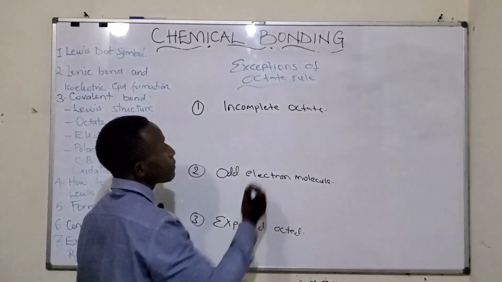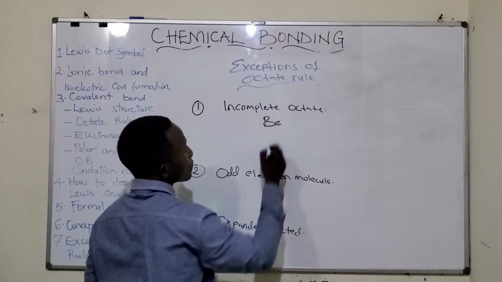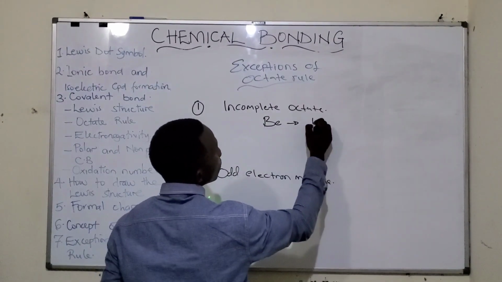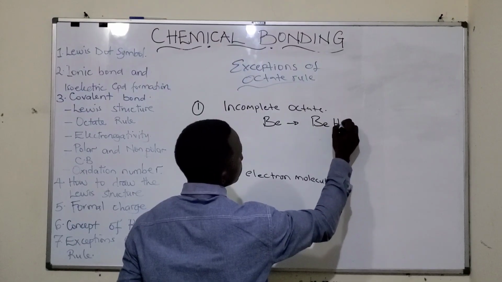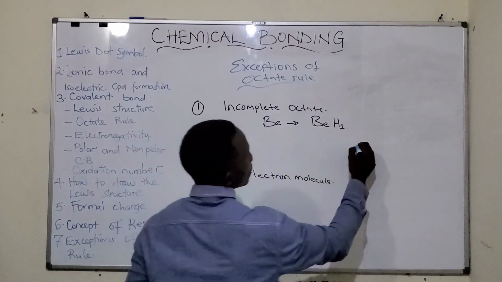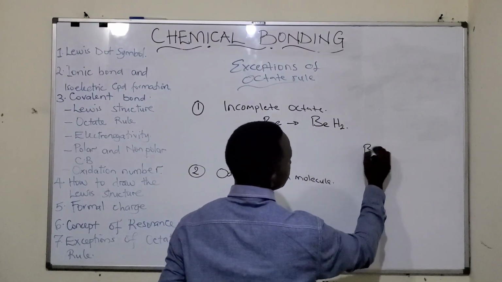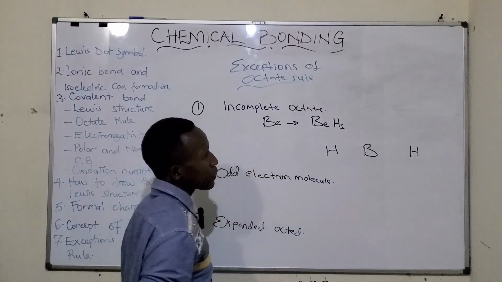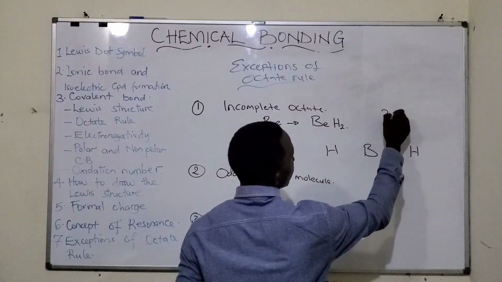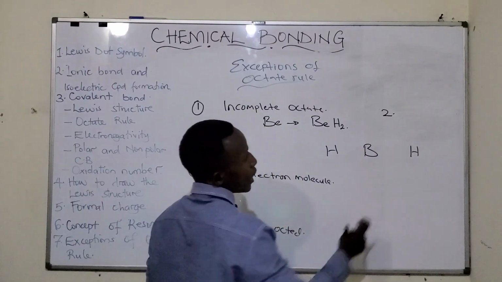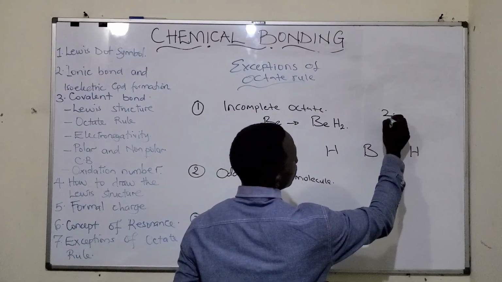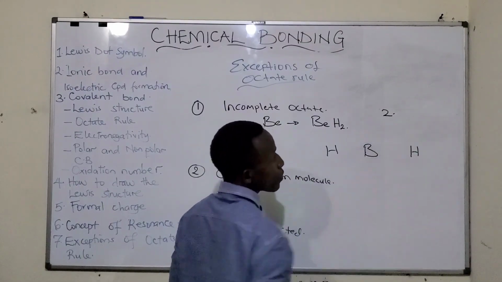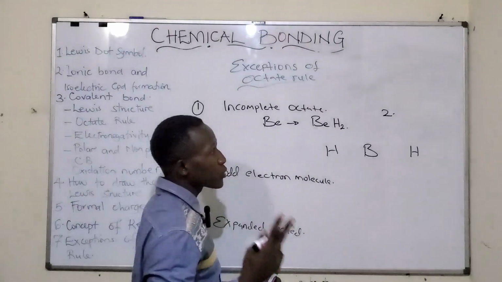We have beryllium. It is an example. For example, if you have beryllium hydride, beryllium and hydrogen, if you try to draw the Lewis structure, beryllium has 2 valence electrons. Hydrogen has 1 valence electron. But to be stable, we say that it needs only 2 electrons.